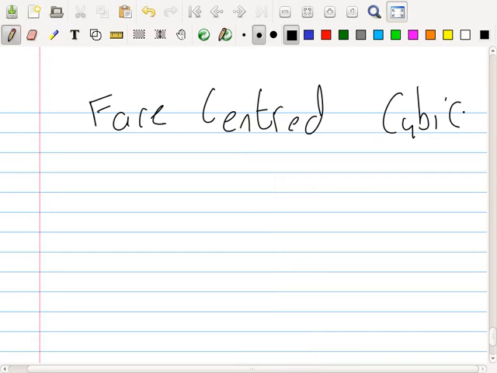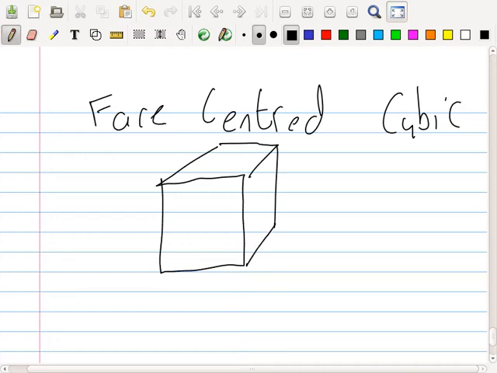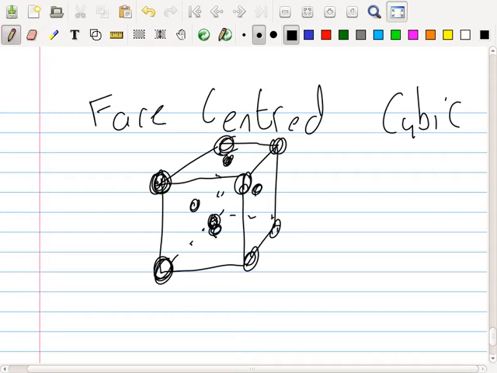If you look at the diagram on page 20, they give you a little diagram here. So you have one here, here, here, here, here, here, here, and here. And then you also have one here, here, here, here, and here. And the crystal, that's what's called face-centered cubic. It's how they're stacked together.